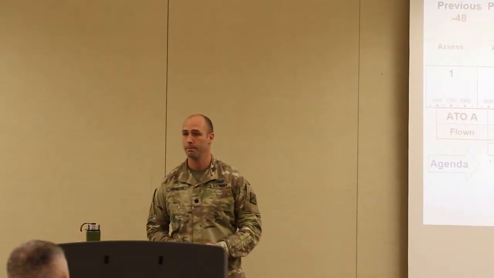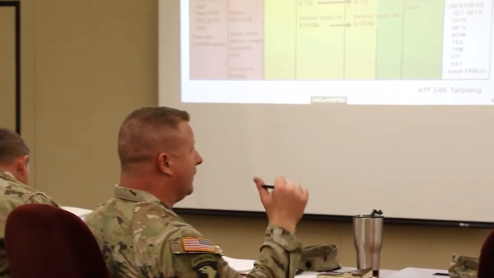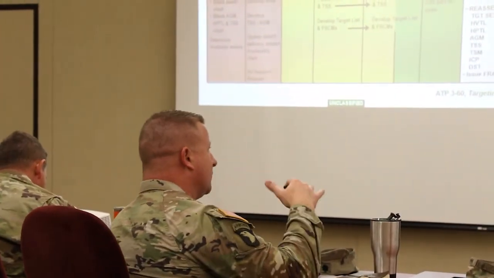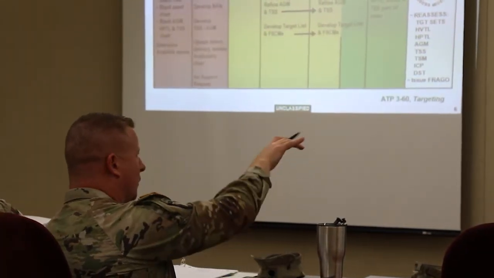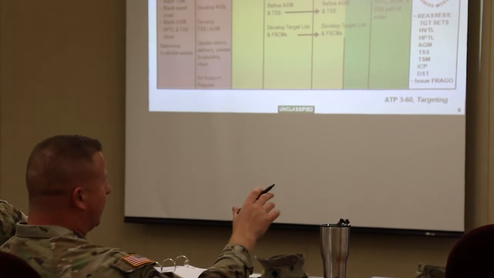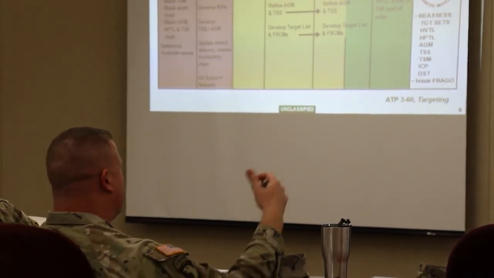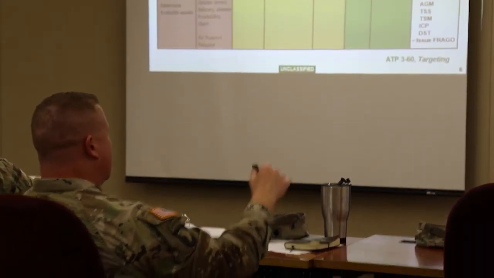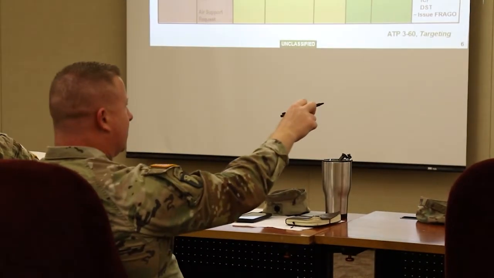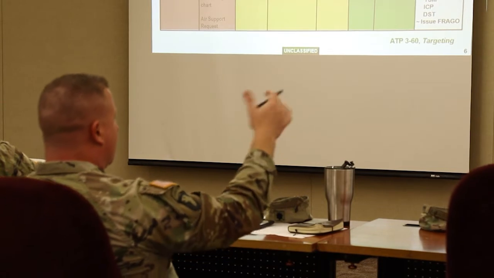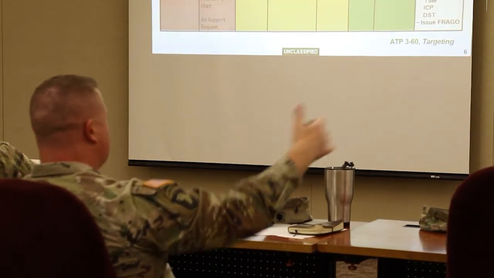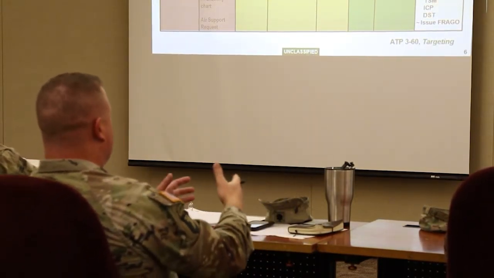Yeah, it does make sense, and I think what could be helpful for a lot of this group, who's primarily worked at brigade and below, is how does corps layer on top of this? I don't know if you have a slide for it, but essentially because corps is deeper than division, they're working a specified amount of time ahead of the division, so that they're publishing ahead and they're attacking ahead, and they're setting conditions for the divisions.